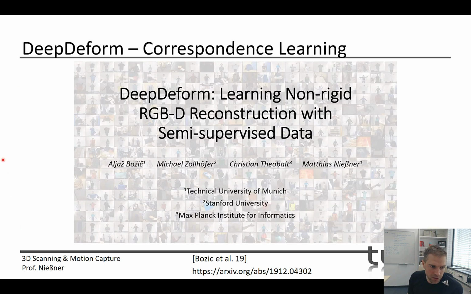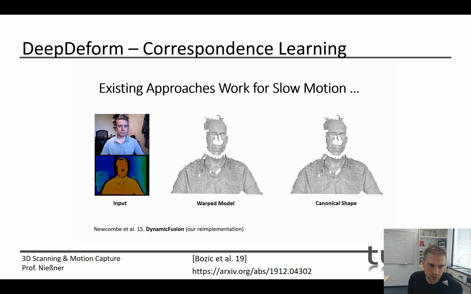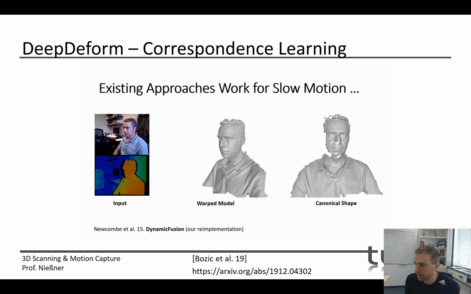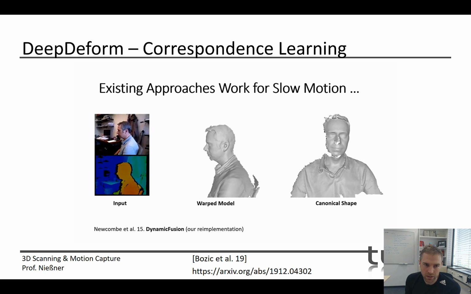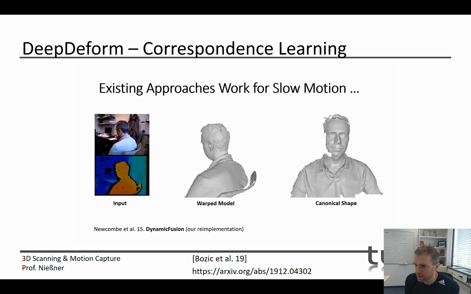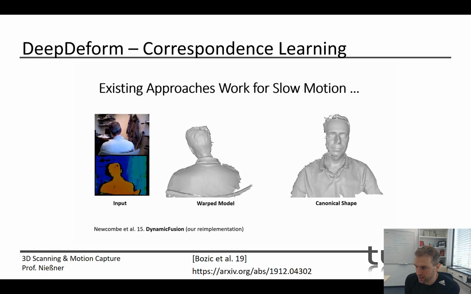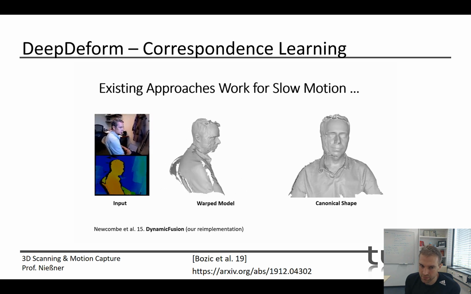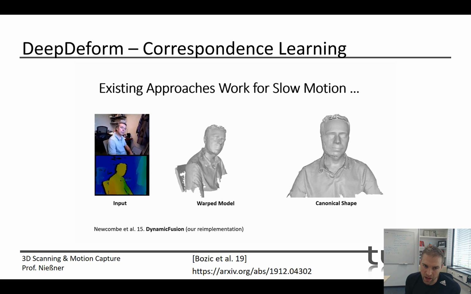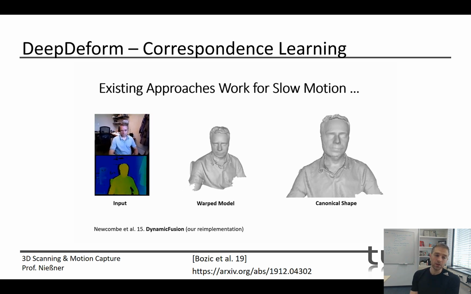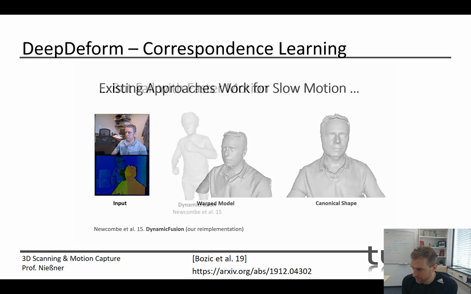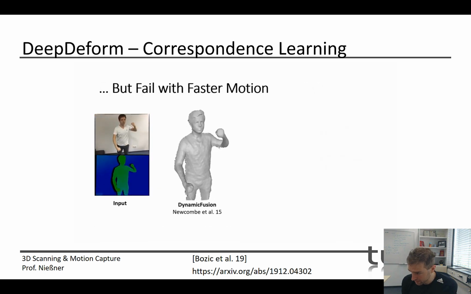Okay, I want to quickly show that video because I think that's also kind of interesting. So here the idea is basically, well, existing approaches only work for relatively slow motion, like the dynamic fusion work. And as soon as you have more complicated motions, this kind of stuff doesn't work that well anymore. And so the idea is basically we need better correspondences.